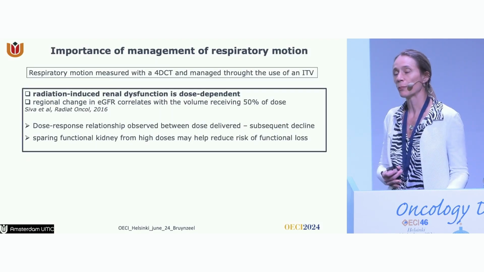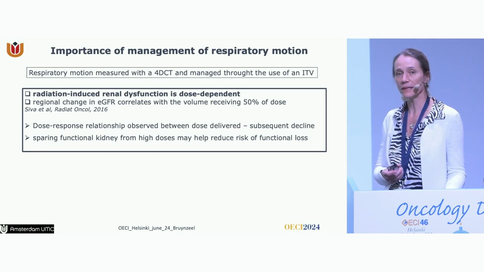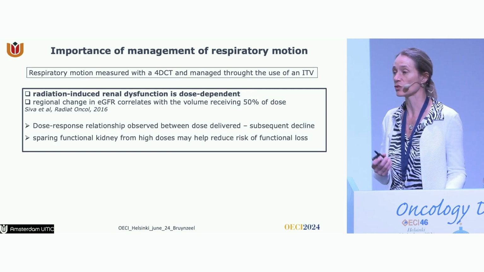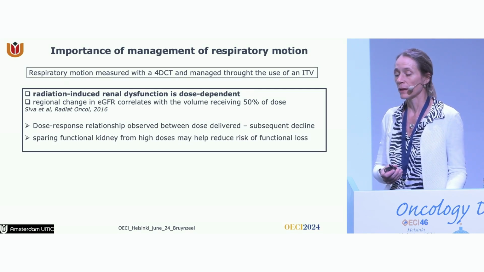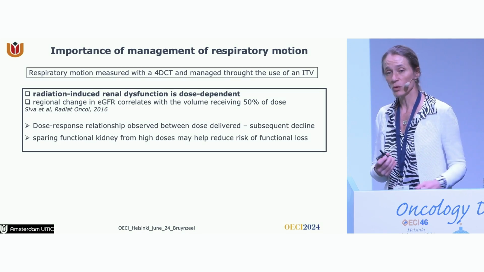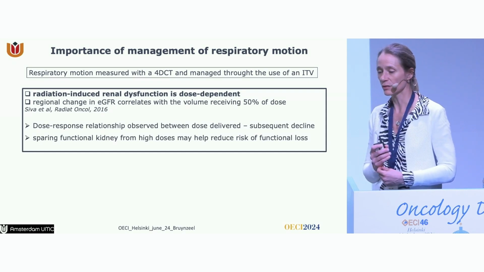So in this group of patients who often have an impaired renal function, the management of respiratory motion is important, and this can be measured with the 4D CT and managed through the use of an ITV. There is a dose-response relationship observed between the dose delivered to the non-tumor kidney and the subsequent decline in kidney function.